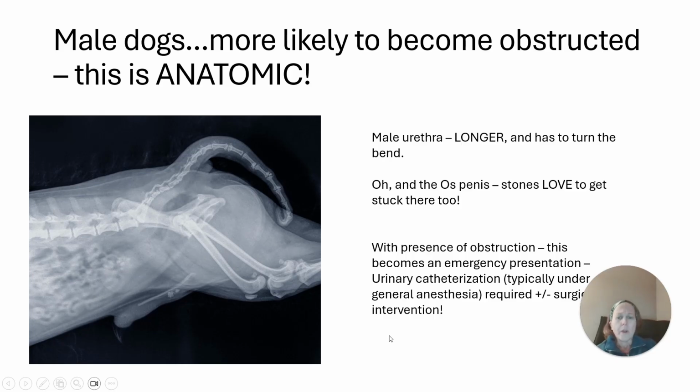So when dogs or cats get obstruction of the urinary tract due to stones or crystals, this is an emergency, because think about what the kidneys do: they filter out toxins. They're a major way that the body gets rid of potassium. And when that urinary tract becomes obstructed, that potassium level goes through the roof in a pretty short period of time.